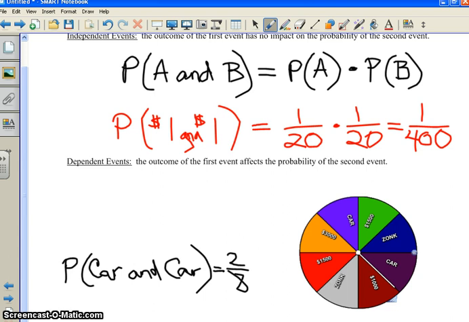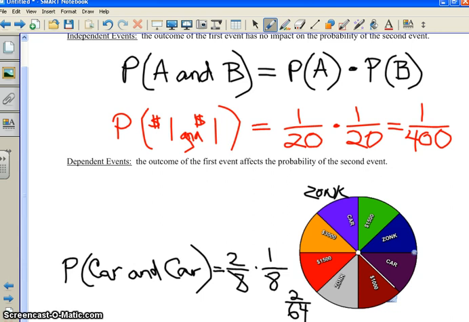But once you spin one of those cars, it is gone, and it becomes a zonk. So now when you go to spin the second time, our probability is not the same. We still have 8 spaces, but not two of them are cars, only one of them is a car. So when we multiply 2/8 times 1/8, that gives me a probability of 2/64, or 1/32 if we reduce.